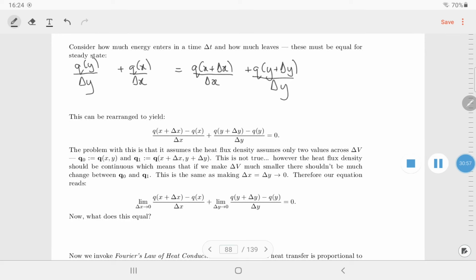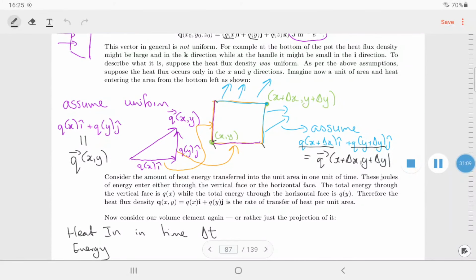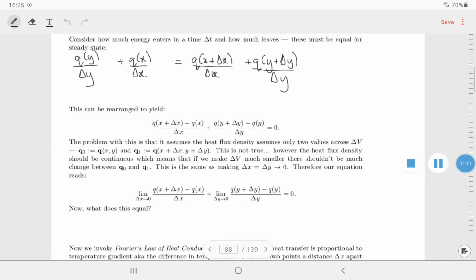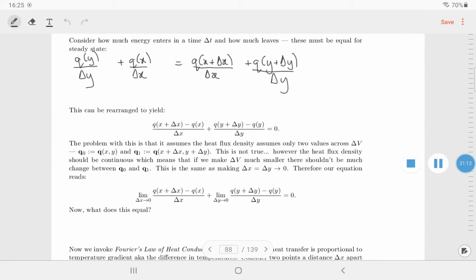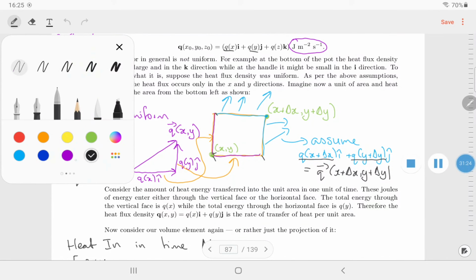Okay, so the problem with this is that it assumes that the heat flux density assumes only two values across. So this assumption about the fields being uniform is not a good one. However, the heat flux density should be continuous, which means that if you make the volume very, very small, there isn't much change between Q0 and Q1. Now, what's Q0 and what's Q1?